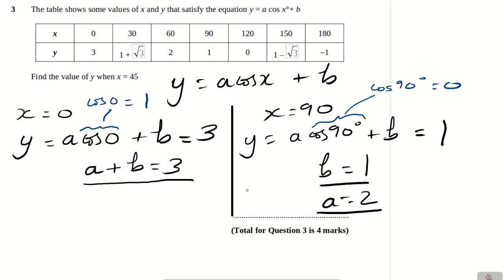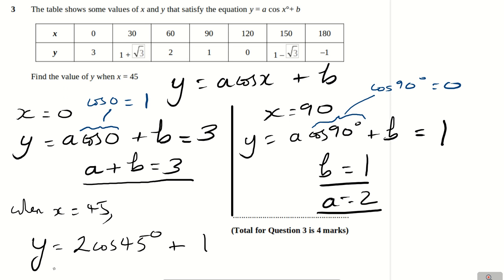And knowing that enables us to find that a is 2 and b is 1, which means that when x equals 45, y is going to equal a, which is 2, times the cos of 45 plus b, which is 1.